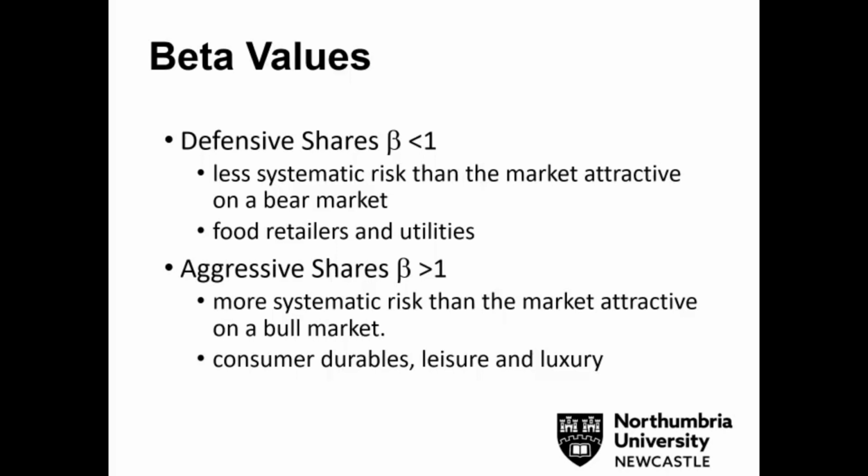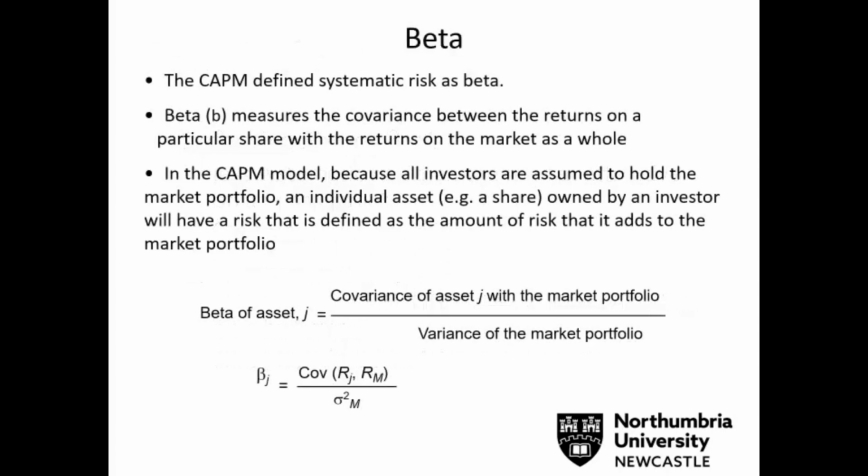But if you want to be more aggressive and take on more systematic risk, then you're going to look for the more aggressive stocks, the ones with greater betas. Because beta is a measure of volatility, you can look at this from a risk point of view. Whenever we get into more detail about calculating beta in the capital asset pricing model, then we can see how we calculate it mathematically.